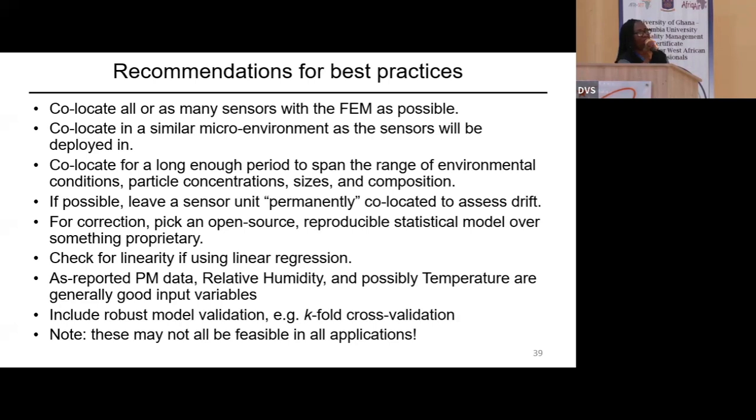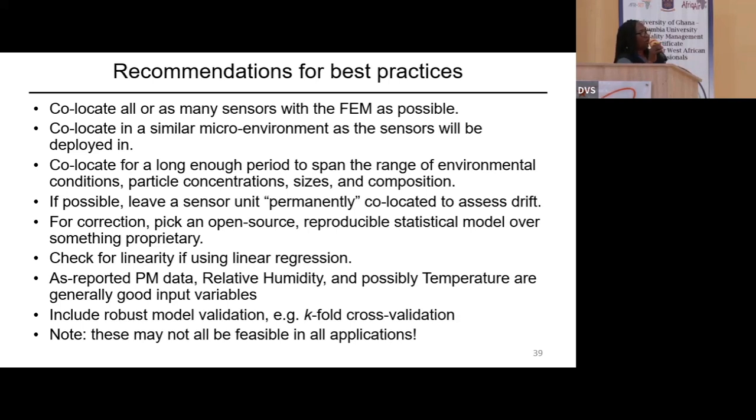So our partners had to co-locate with a reference monitor in the UK and then brought it here. So we just managed that, but it is advisable that you co-locate under the same microenvironment, under the same condition. Like what we have now in Nigeria, so whatever you co-locate there is valid.